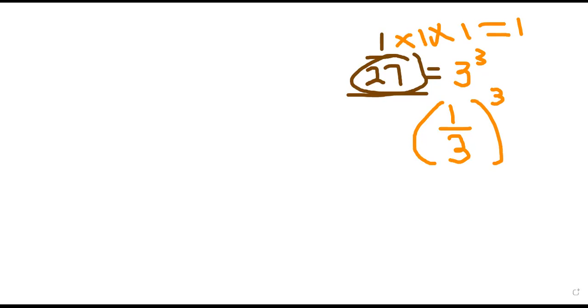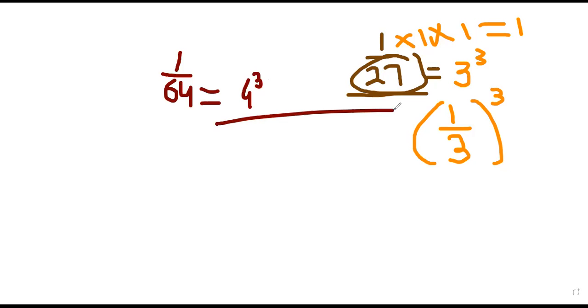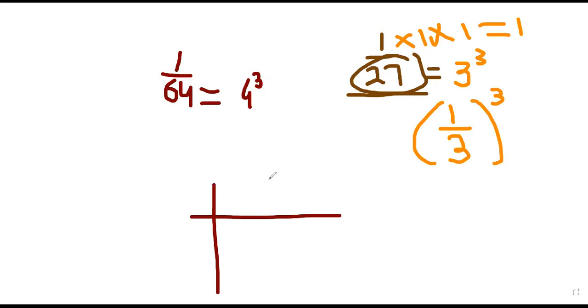If the question is like 1 by 64, now find what is 64. 64 is 4 cube. Now you must be thinking, I don't know cubes, I don't know squares. So what you will do is, you will use the prime factorization method.